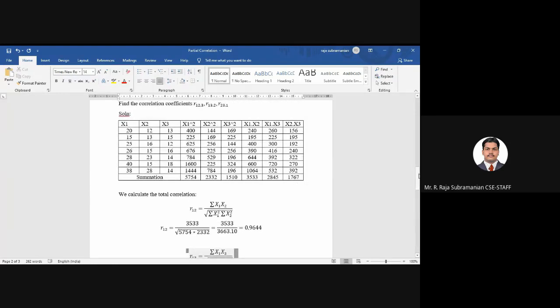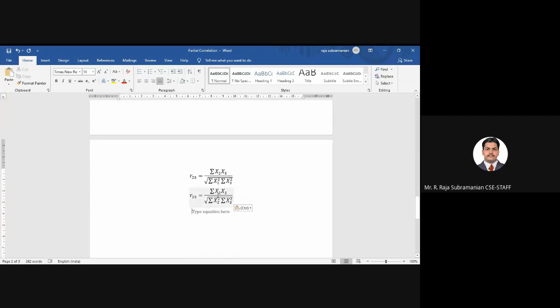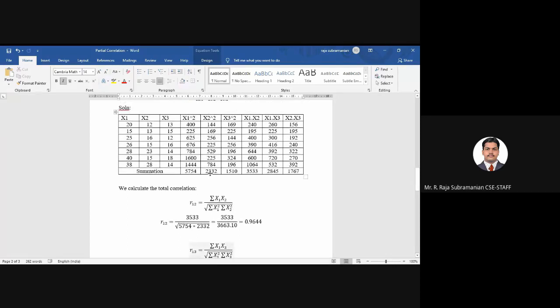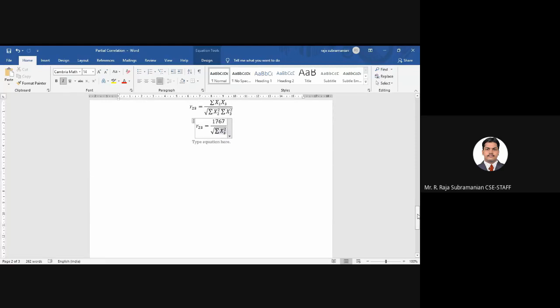I take that 1767. Instead of summation x2 squared, I put 2332, and this is 1510. So 2332 into 1510. Now again we need to compute the denominator.